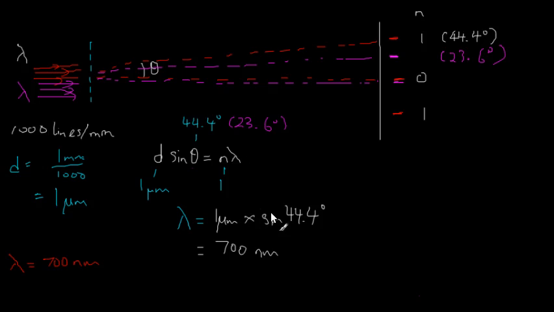If I repeat this calculation using 23.6 degrees instead of 44.4, you'll find that the answer is very close to 400 nanometer. So violet light has a shorter wavelength.